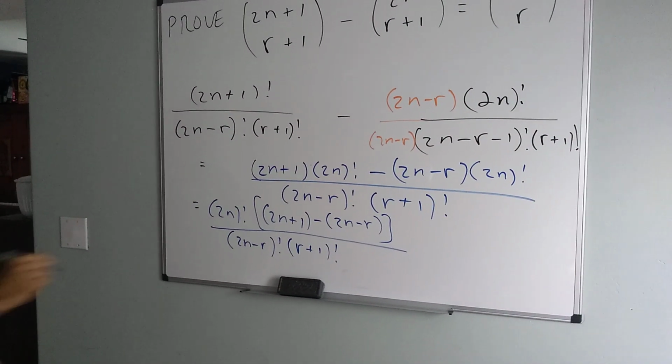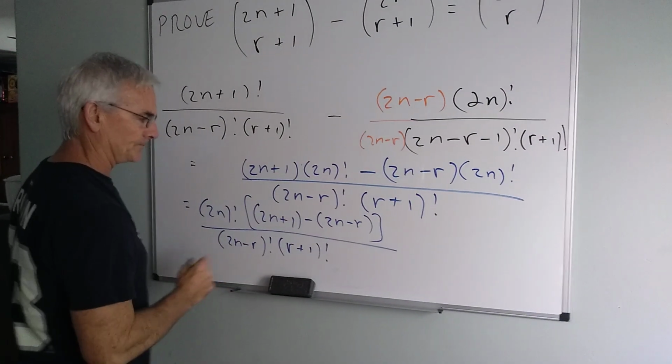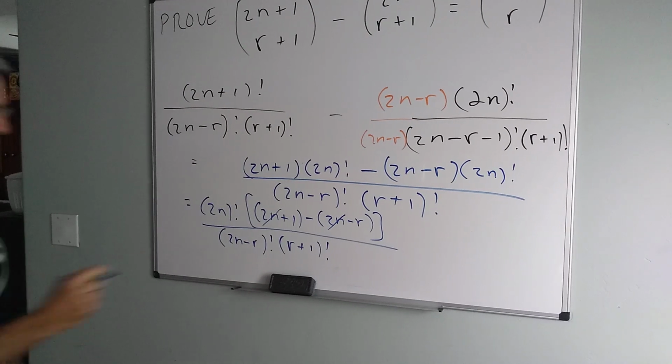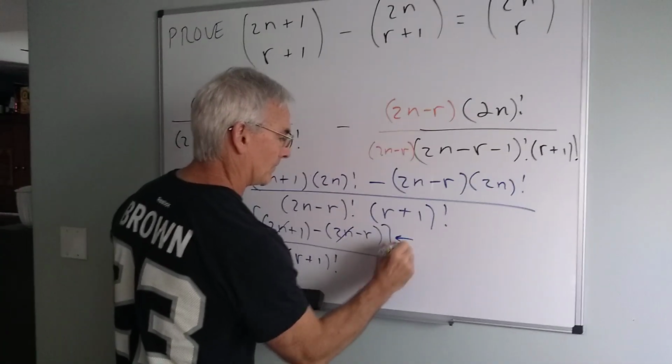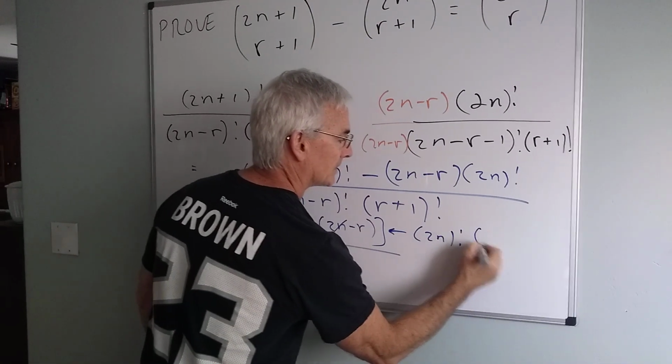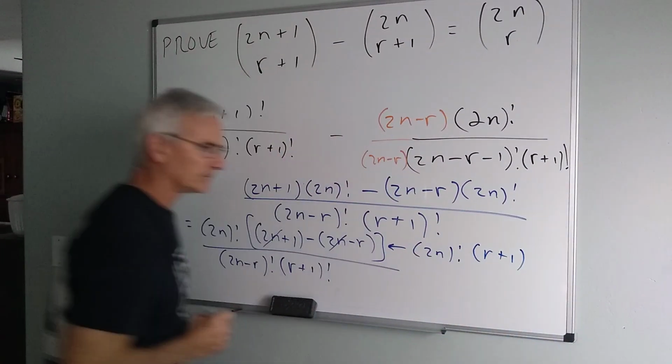But if I notice, the 2n's are going to cancel, and I will be left with an r plus 1 on the top. So my numerator right here is going to be 2n factorial times r plus 1.